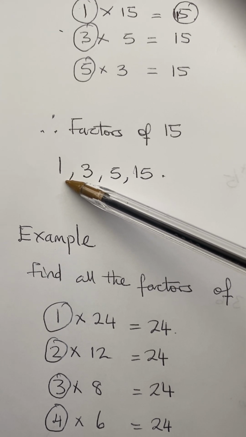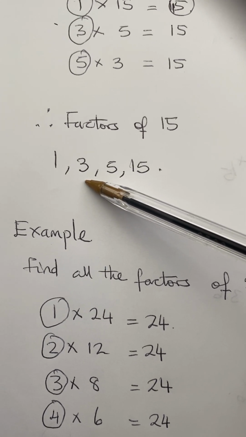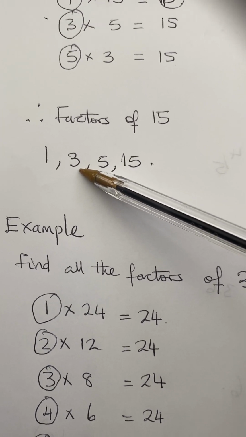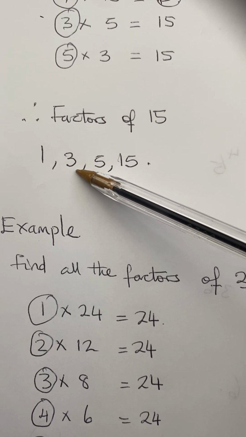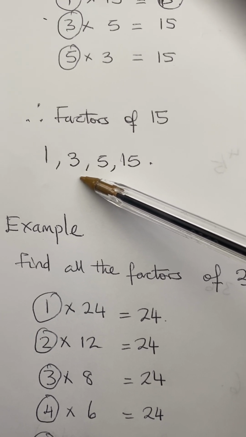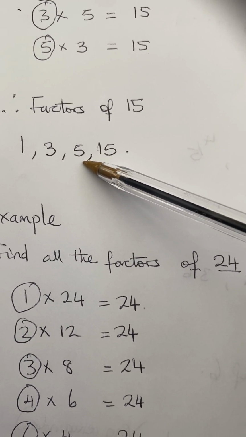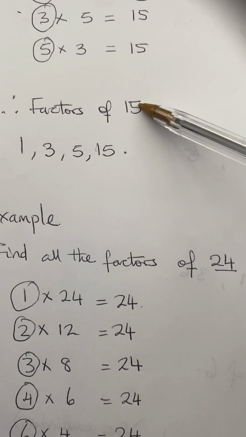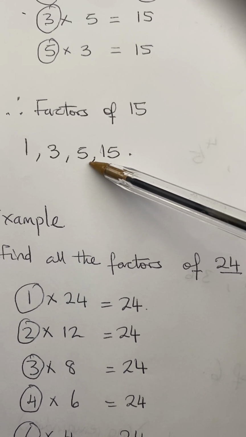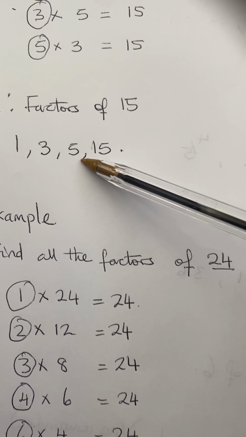because if you divide 15 by 1, you get the whole number 15. The next will be 3, because if you divide 15 by 3, you get a whole number of 5. The next is 5, because if I divide 15 by 5, I get a whole number of 3.